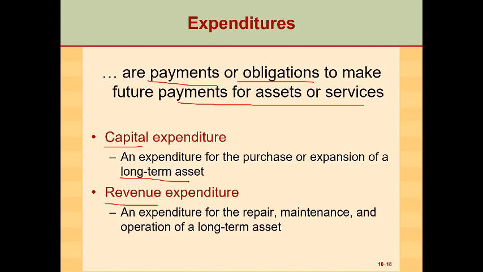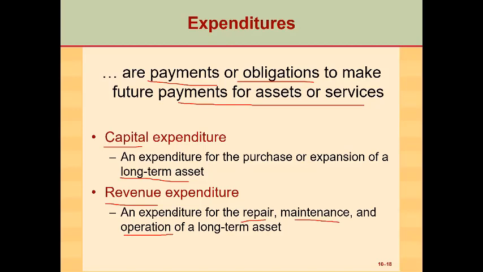If we pay for something that will enhance or increase the useful life of the asset, this will be considered capital expenditure. Anything that will expand the life of the long-term asset is a capital expenditure. On the other hand, we have revenue expenditure: expenditure for the repair, maintenance, and operation of a long-term asset.